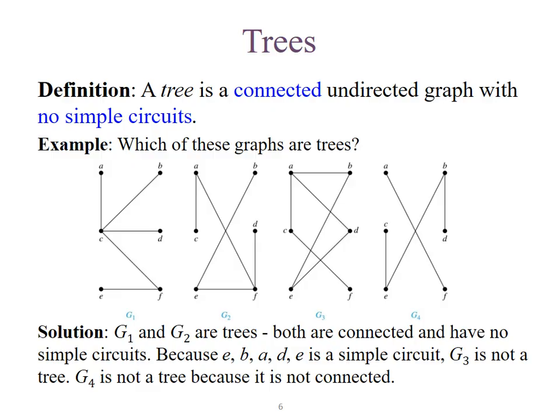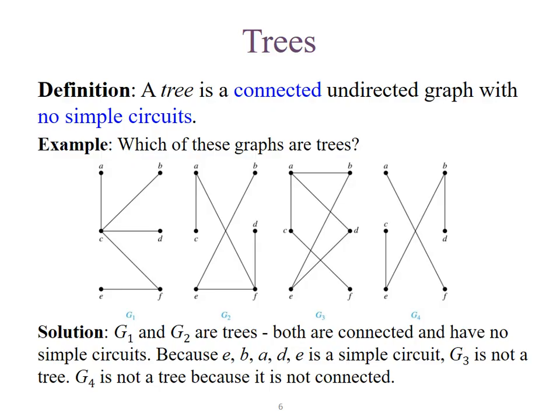G1 is a connected undirected graph. G2, with vertices A, C, A, F, E, is also good.